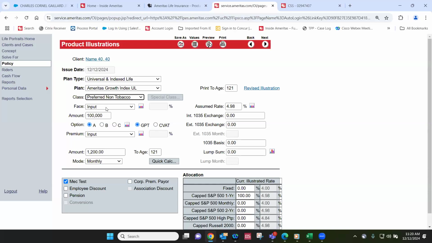The next thing we're going to do is the face. Now, if we knew a particular death benefit, we could leave it at input, but typically with these max funded illustrations, the conversation typically goes like this: you are finding out how much premium, let's say on a monthly basis, your client wants to fund into an account that will grow tax deferred for tax favored supplemental retirement income at some point down the road.